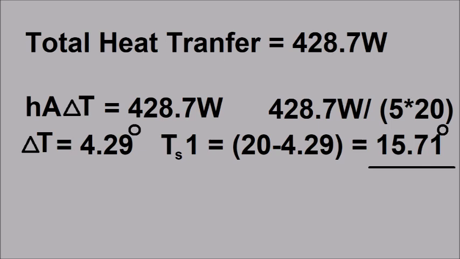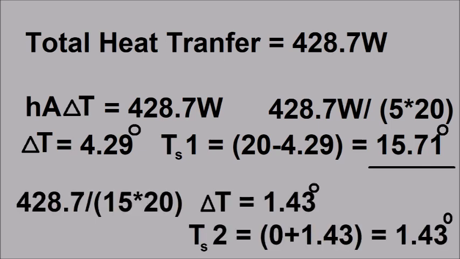And this means the change in temperature is 4.29 degrees. Now we know that the wall is colder than the air inside because heat is leaving the inside. So we subtract 4.29 from 20 to get a surface temperature on the inside wall of 15.71 degrees Celsius.